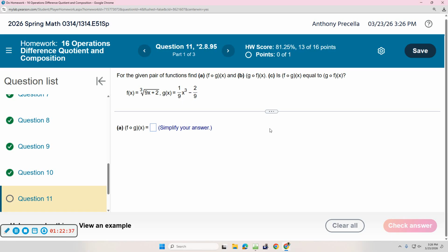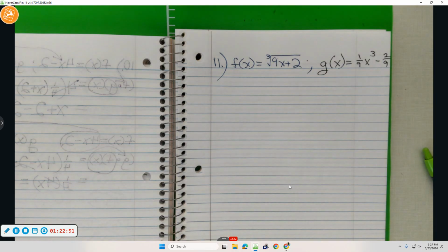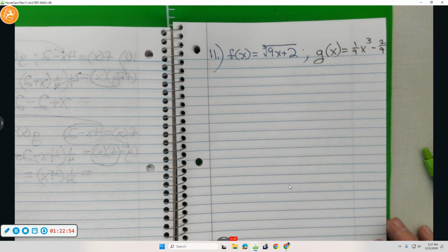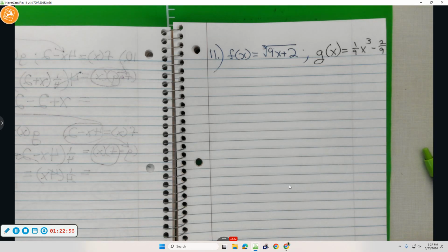The cube root of 9x plus 2, and then g of x is equal to 1/9 x cubed minus 2/9. Same instructions as the previous problem.